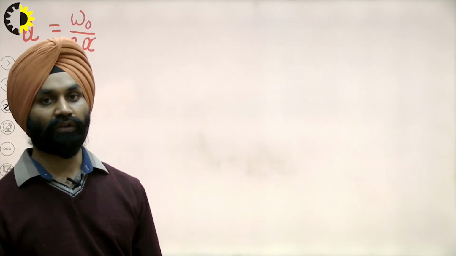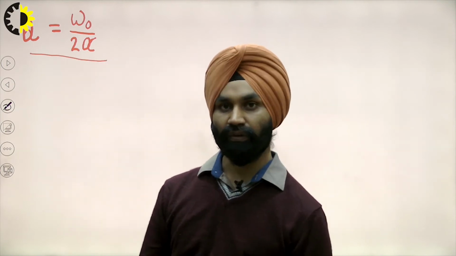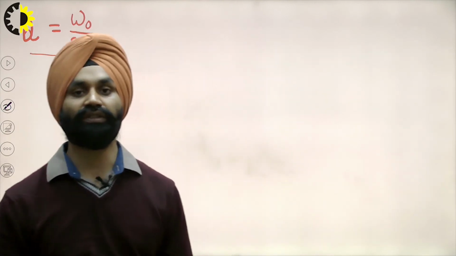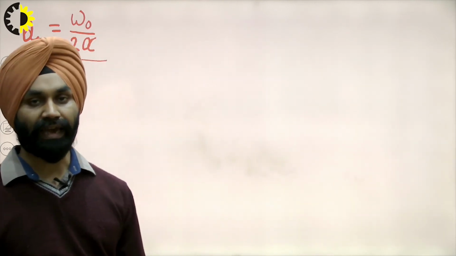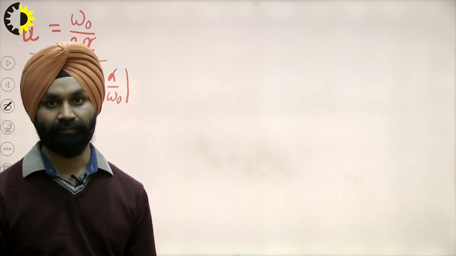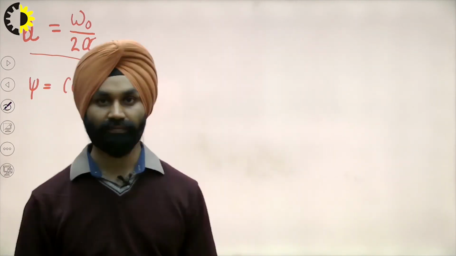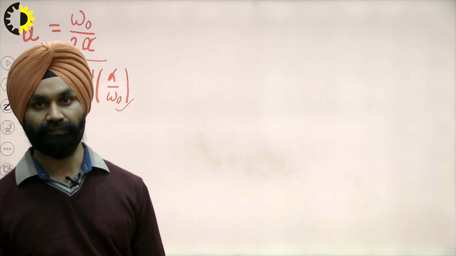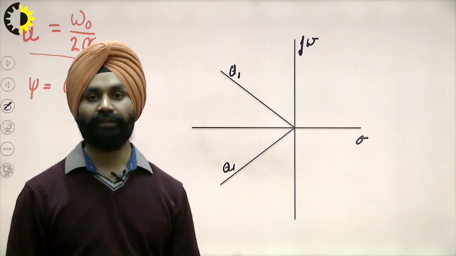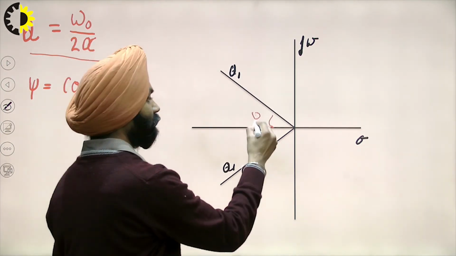Similarly, if we calculate with the q given by this equation, for a particular q, for a particular alpha with a particular omega naught, we have seen that it will be a line given by angle psi. Psi will be equal to cos inverse alpha by omega naught, or 1 by 2q. If we again draw it on the S plane, it will give a line with the angle psi. Let us suppose this is psi 1.